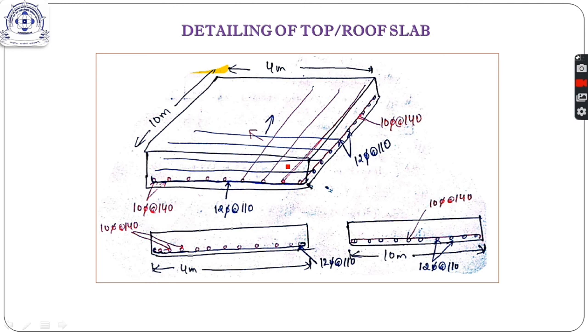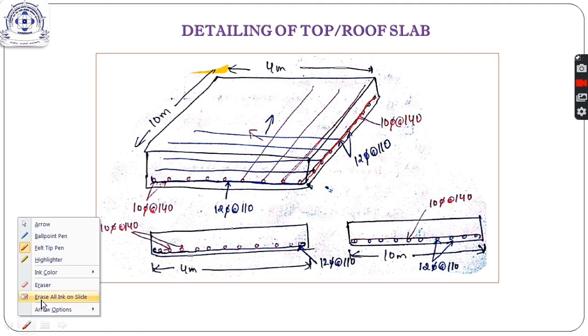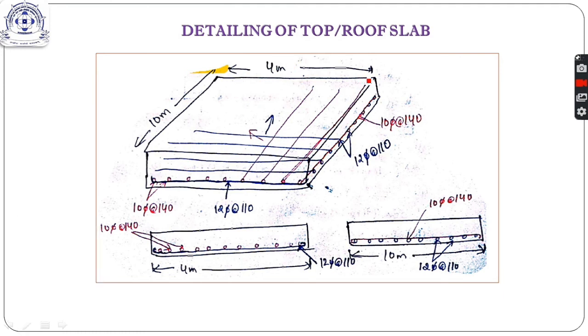Okay, so this is the detailing. This is the main reinforcement. Sorry, as this is the shorter span, I will delete it. As this is the shorter span, 4 meter, the main reinforcement is provided along the shorter span, and it is provided on the bottom face because as this is a slab and this is the load, the tension will be on the bottom face, so we provide this reinforcement on the bottom face.